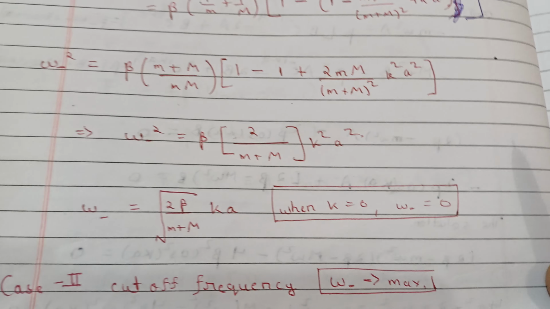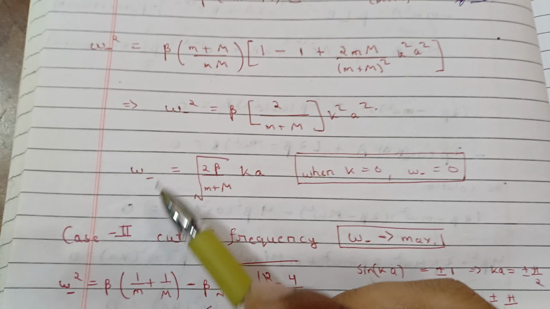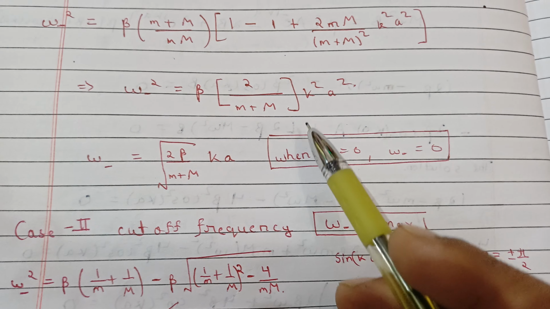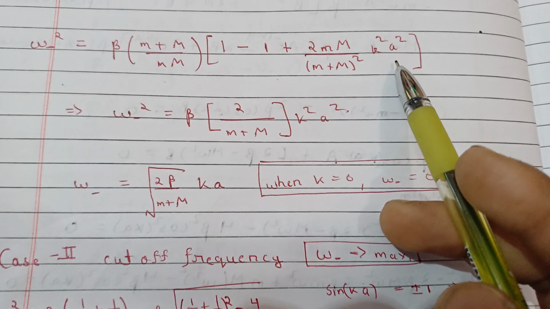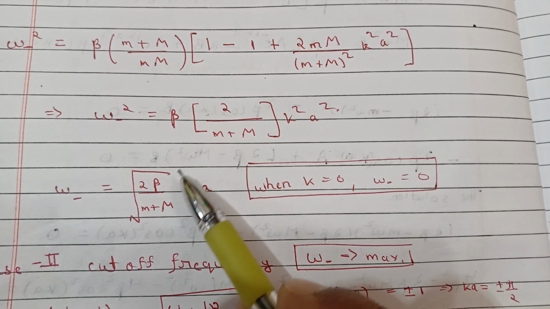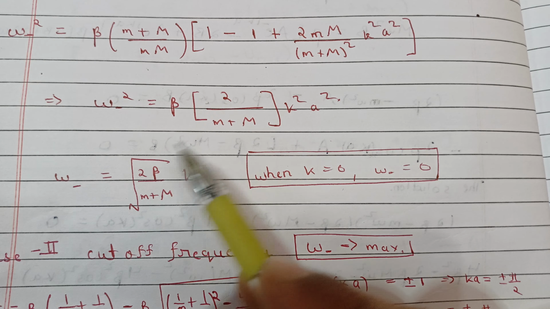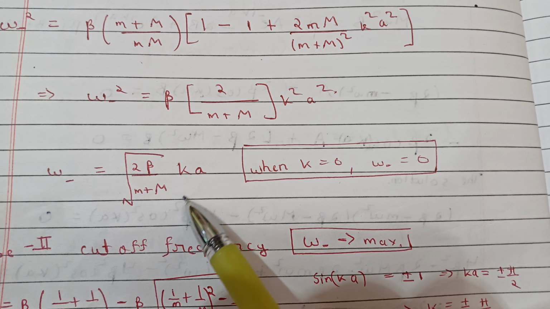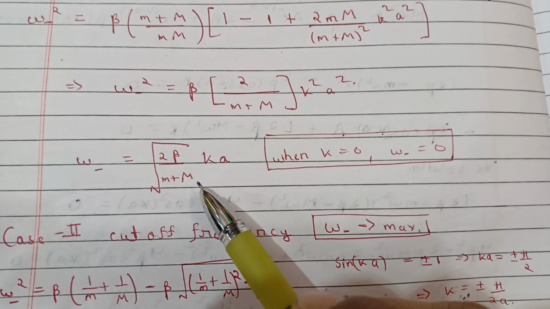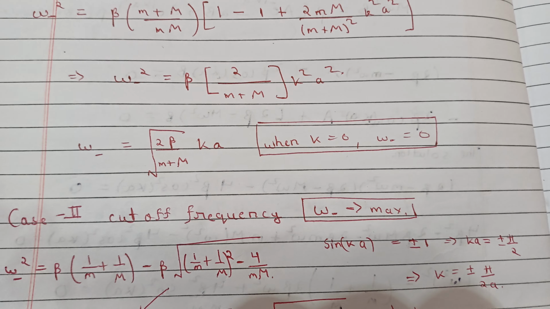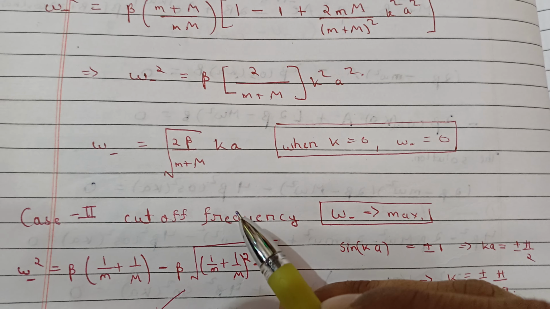This is just normal mathematics, I hope you are getting it. We get beta 2 upon (m + M) k squared a squared. Now omega negative will be the square root of 2 beta by (m + M) times ka. So we get the dispersion relation for the long wavelength region.